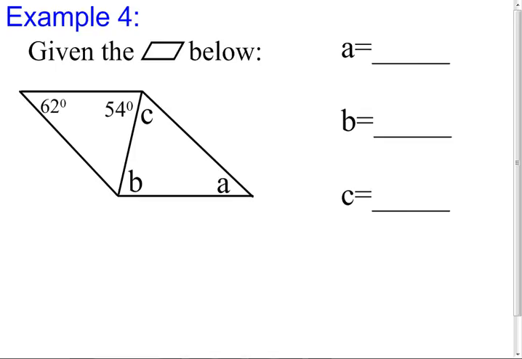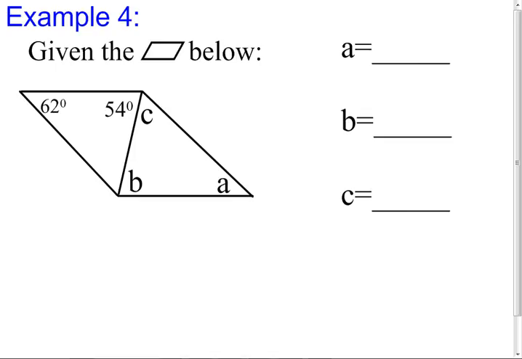And they do. If C is 60, that's 130, and that's 50. Yeah, that's good. That's why I'm walking around. So A is pretty easy. That's 62.